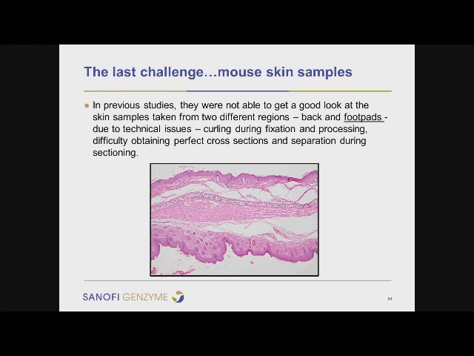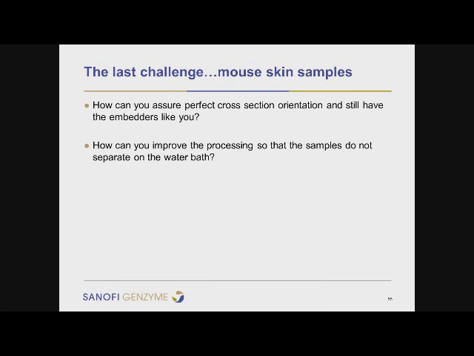All of these different textures of the tissue tend to create artifacts, and sometimes those artifacts are really hard to read around as a pathologist. So the goal here was to avoid some of these curling and fixation and processing artifacts and try to get some cross sections of the feet and back tissues and avoid some of that separation.